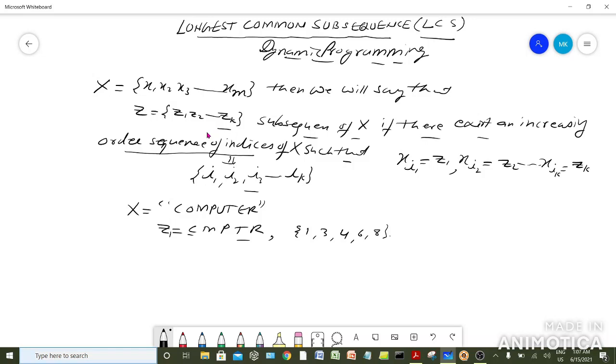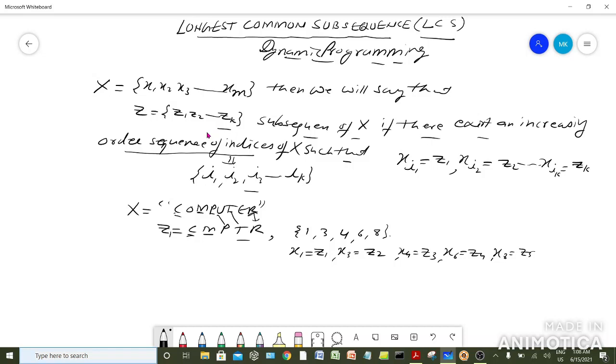So we can say that x of 1 is equal to z of 1. Yes, x of 1 was c, z of 1 was c, done. In the same way x of 3 is equal to z of 2, this one. X of 4 is equal to z of 3, this one. And x of 6 is equal to z of 4, and x of 8 is equal to z of 5, which is this r.